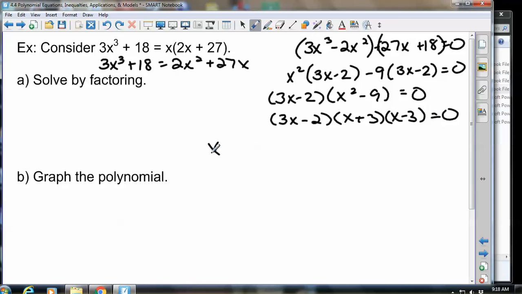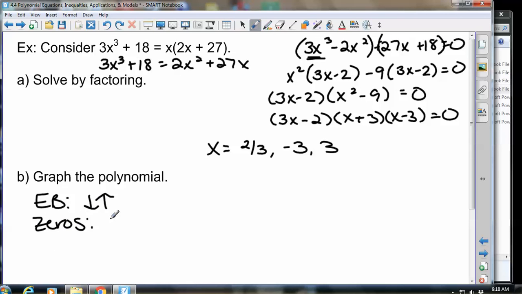Okay, so now if you set each one to 0, you get, for the graphing, I'm going to ask you about end behavior. So I would just look right here. My highest power is x cubed, so x cubed would be down, up. My zeros we just found, that's the 2/3, -3, and 3.